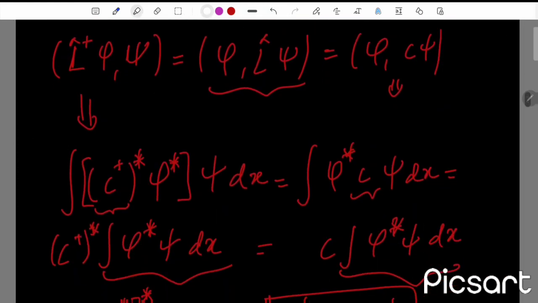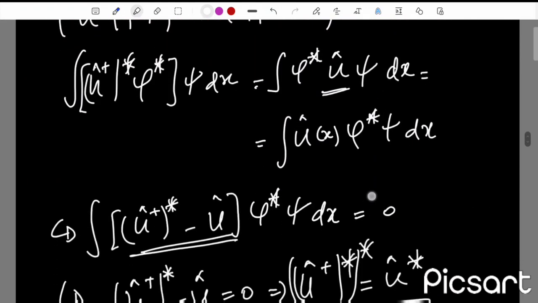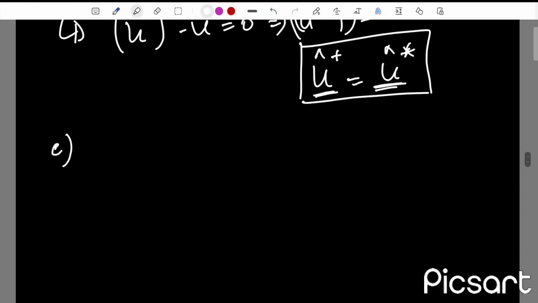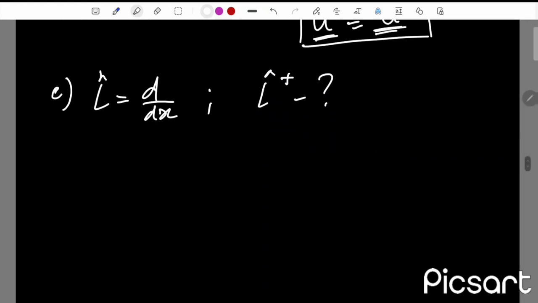Okay, for now we have L has equal to d over d of x. The question is, what is its conjugate operator? Okay, again we must only use the definition.